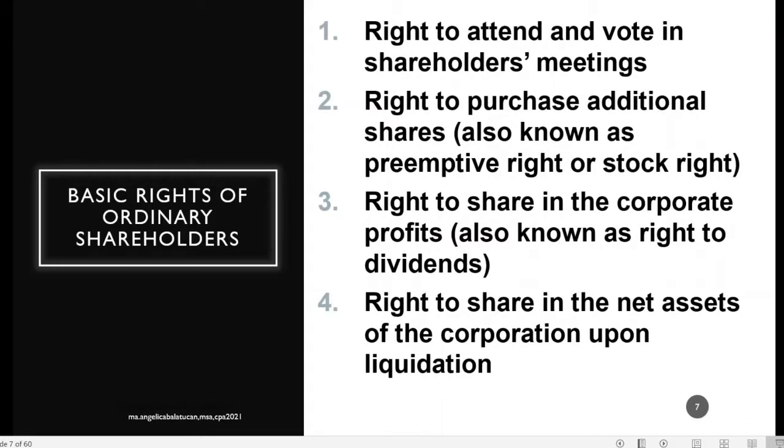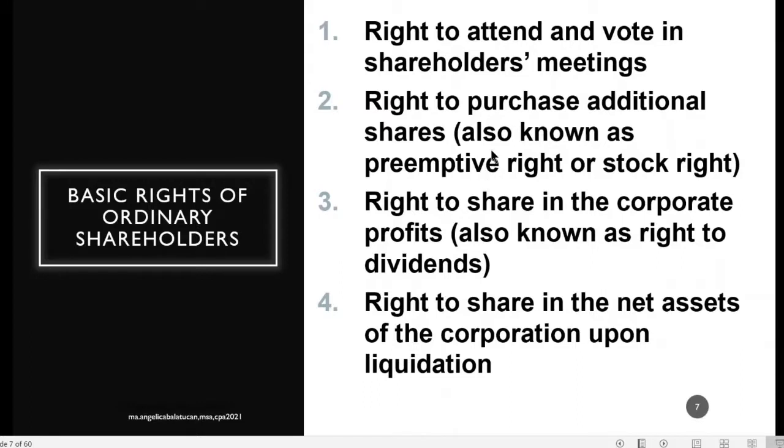So you're called an ordinary shareholder if you own, of course, ordinary shares. Ordinary shareholders have the following rights. They have the right to attend and vote in the shareholders meetings. They have the right to purchase additional shares, and this right is also called the preemptive right, or the stock right.